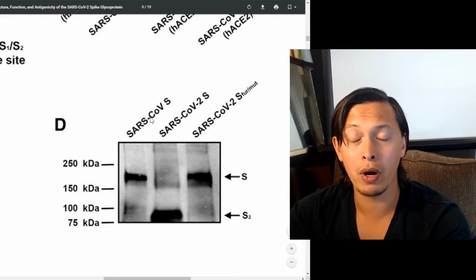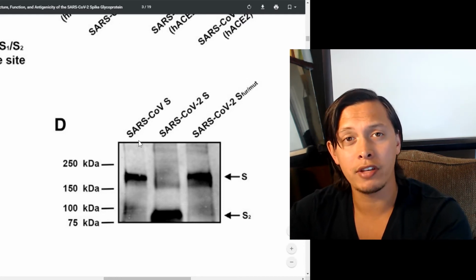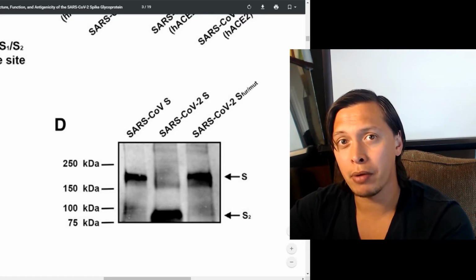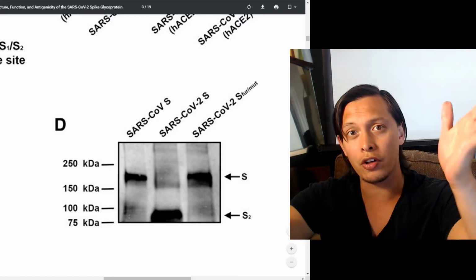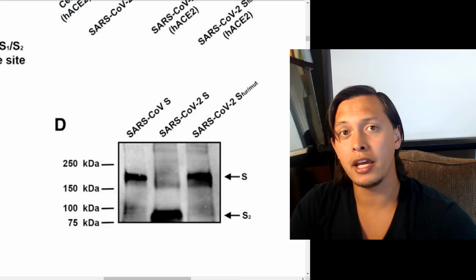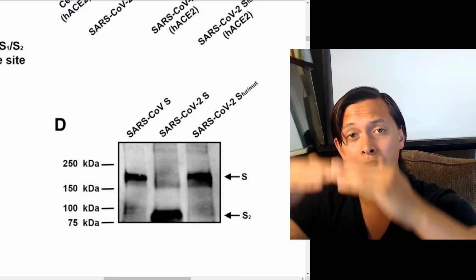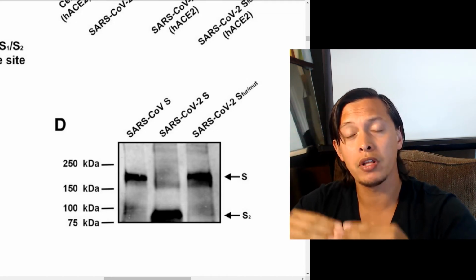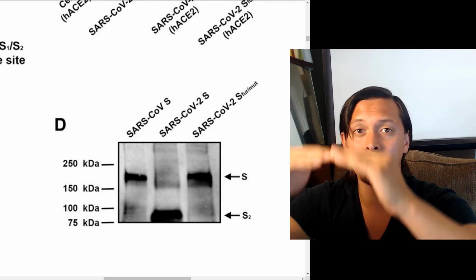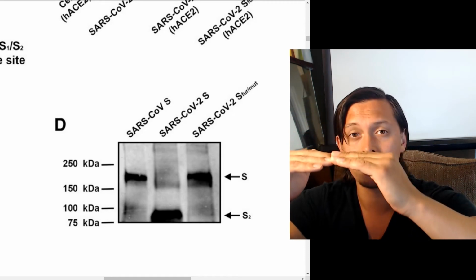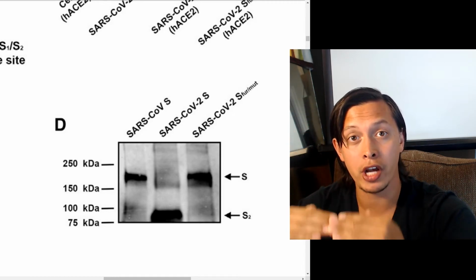What they did was they took the viruses and separated all the proteins from each other, and then ran these proteins on a gel. They apply a voltage to the gel, and the voltage pushes the proteins through it.